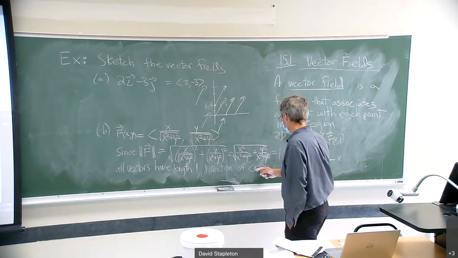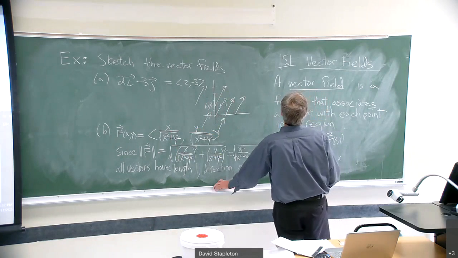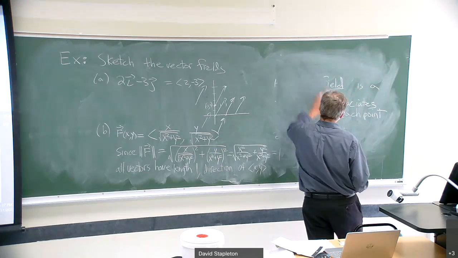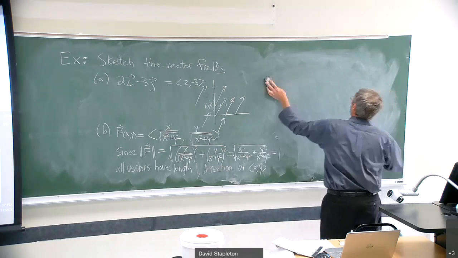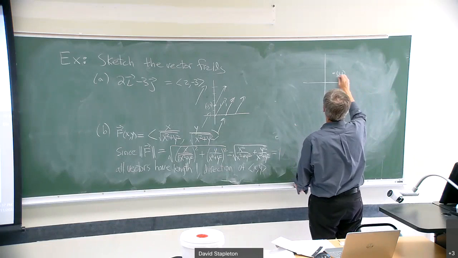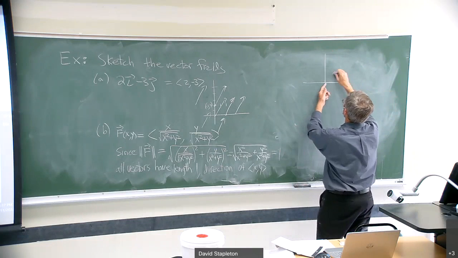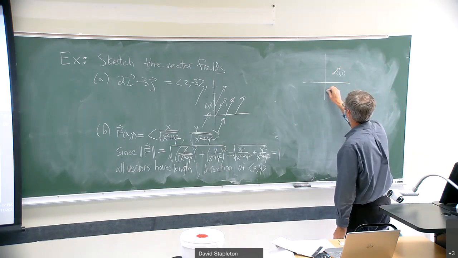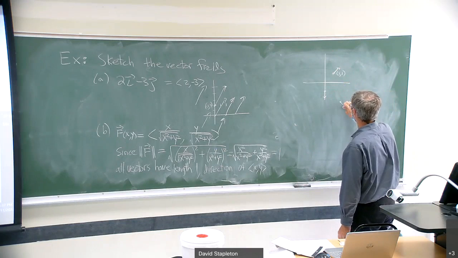So if you're at point x, y, you move in the direction x, y, and that tells us exactly how to draw this. This is a vector field in which, say at 1, 1, I draw a vector of length 1 in the same direction as the vector x, y. So here's the vector x, y. I just draw it straight away 1 unit long. If I'm over here, I draw it straight away 1 unit long. If I'm over here, I draw it straight away 1 unit long.